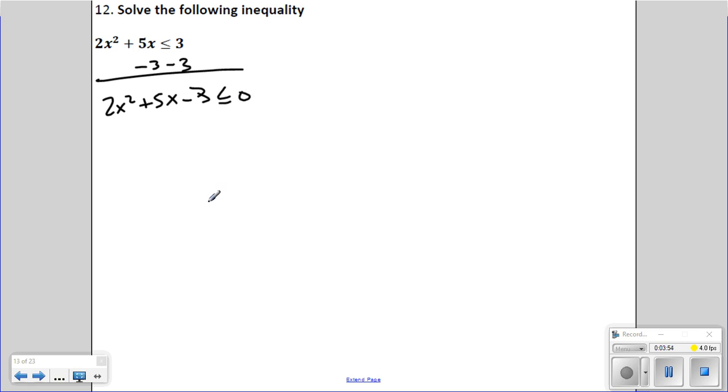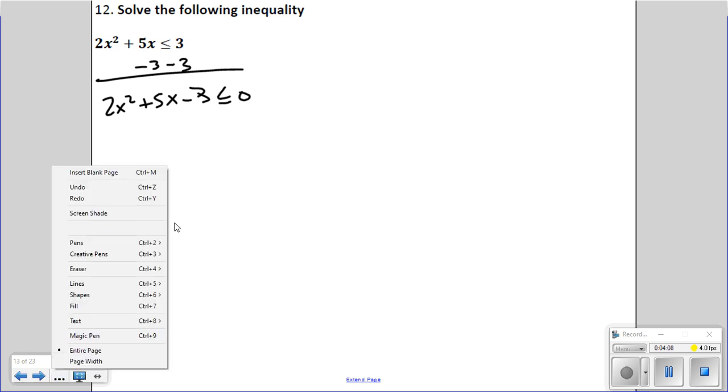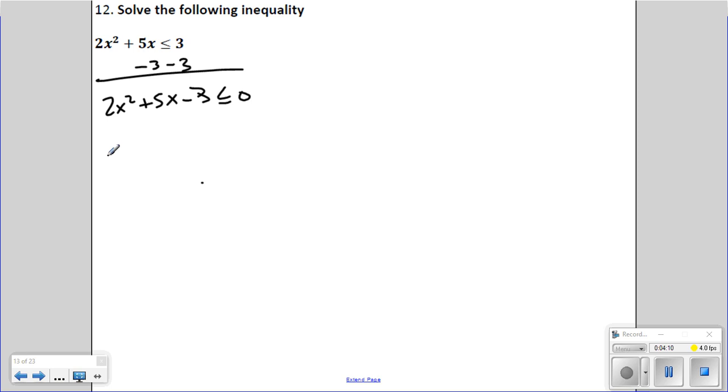I now will factor this problem as well because, again, I can factor much faster than using the quadratic formula. If I factor, you put a times c at the top. This is to help me split the middle. A times c is negative 6.